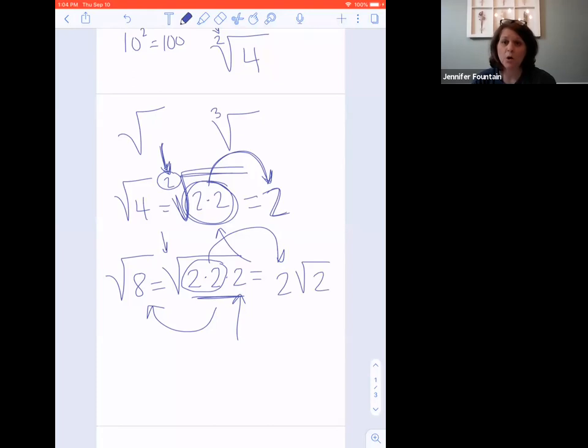My group of 2 comes out as one group, but my poor little guy by himself has to stay under the radical.